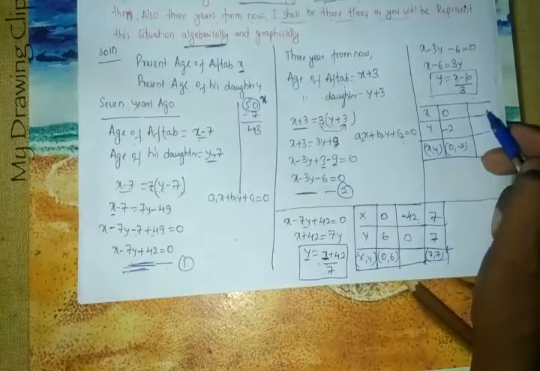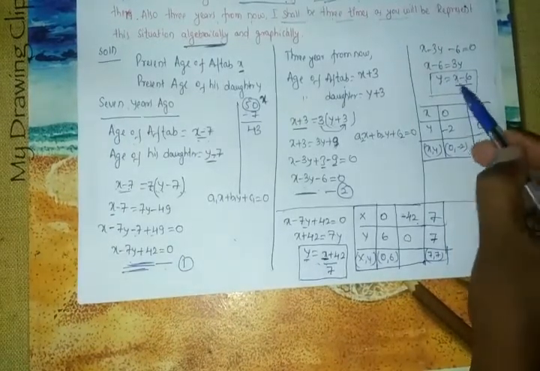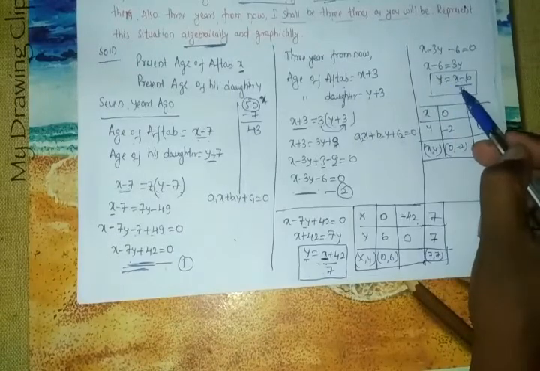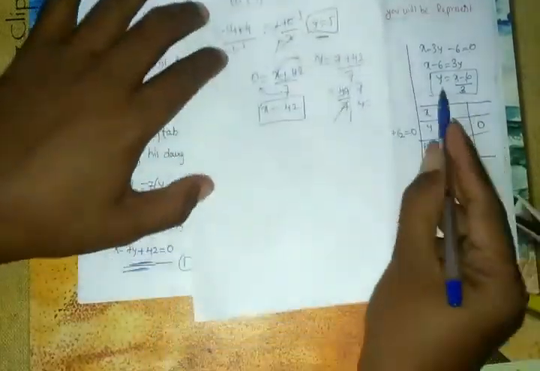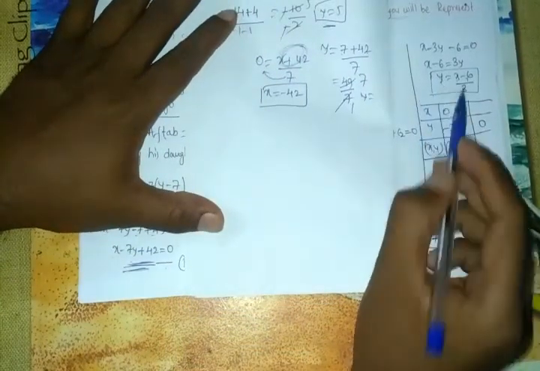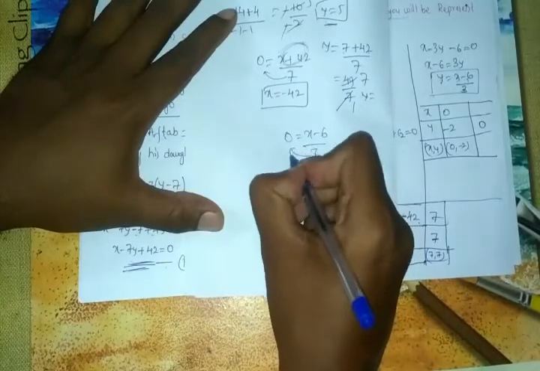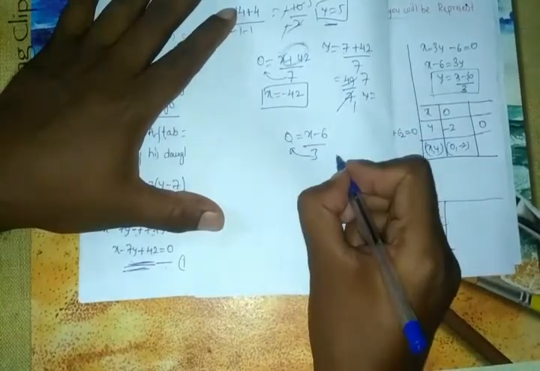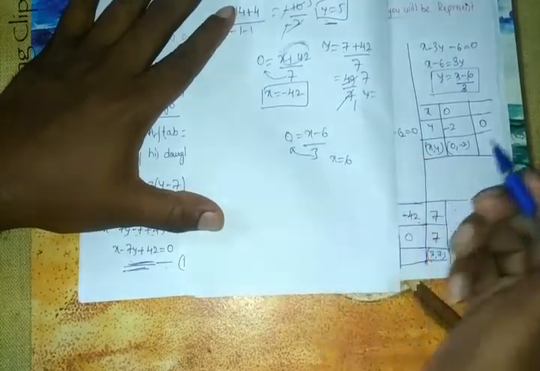Now when I put the value of y as 0, the corresponding value of x will be, 0 equals (x minus 6) by 3. Cross multiplying, x equals 6.